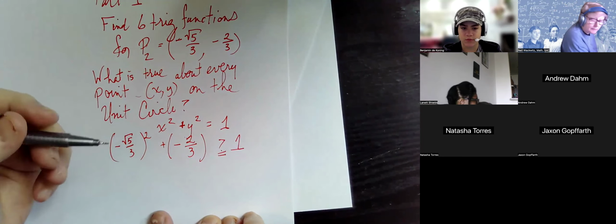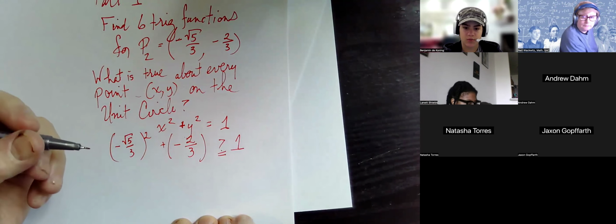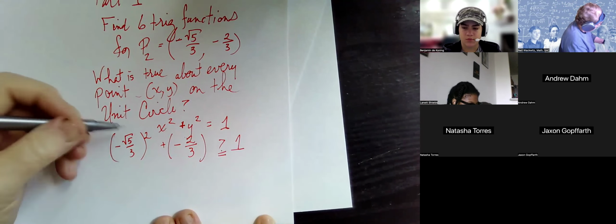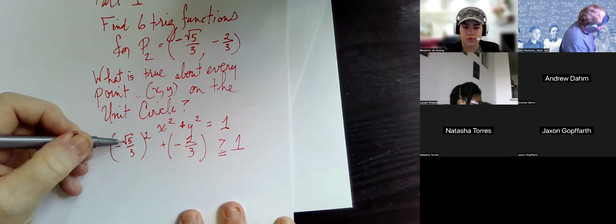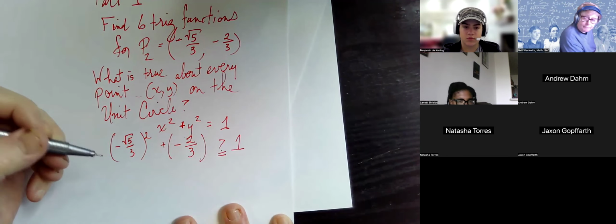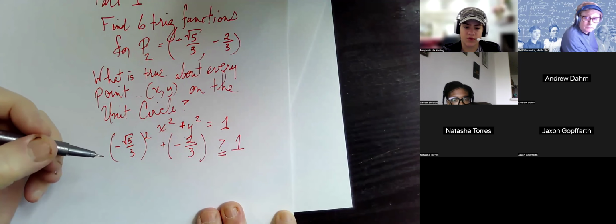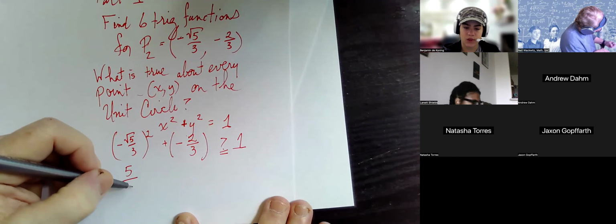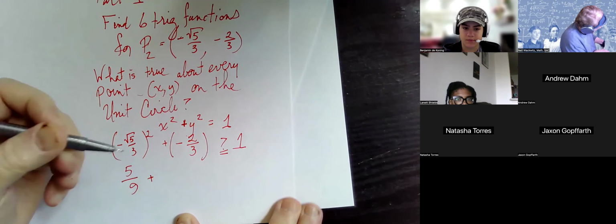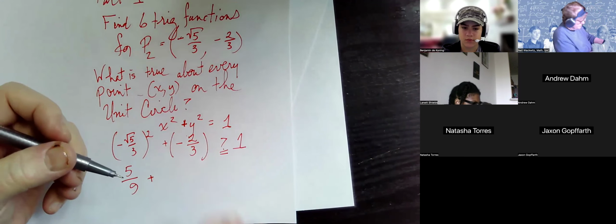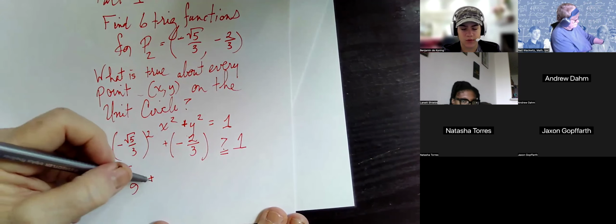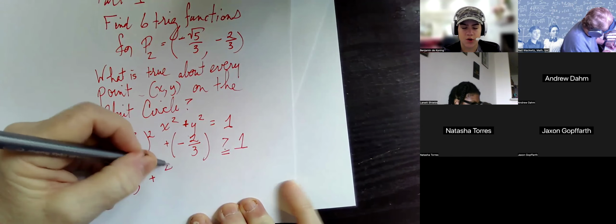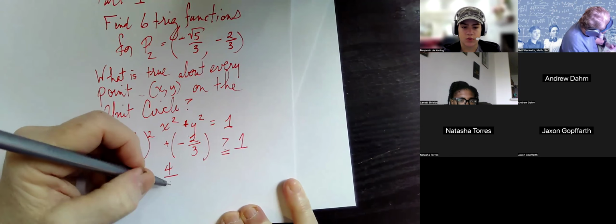And what about the negative? You'll change that to a positive. Good. Negative squared is positive. And square root of 5 squared? 5. Good. 3 squared? 9. Beautiful. Negative 2 squared? Positive 4. 3 squared? Also 9.